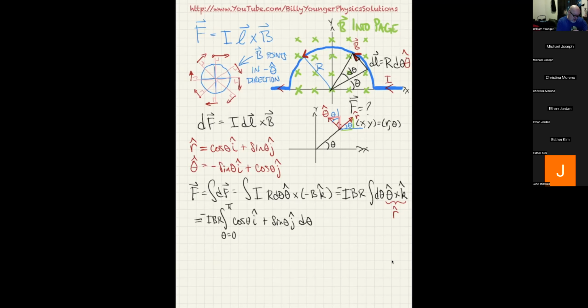Okay. So I now have that IBR negative. Now, if you remember the graphs of sine and cosine, that would come in super handy here.